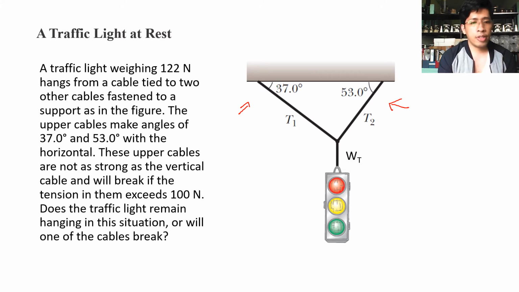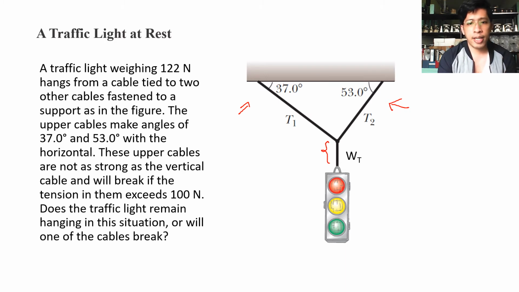These upper cables are not as strong as the vertical cable. The vertical cable that we're talking about is this one here. So we have three cables supporting the traffic light. These upper cables are not as strong as the vertical cable and will break if the tension in them exceeds 100 newtons.